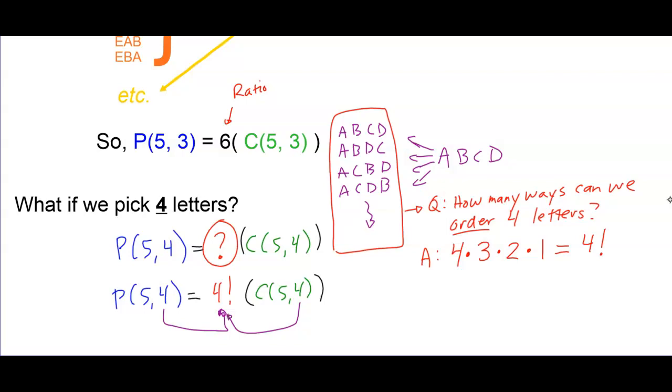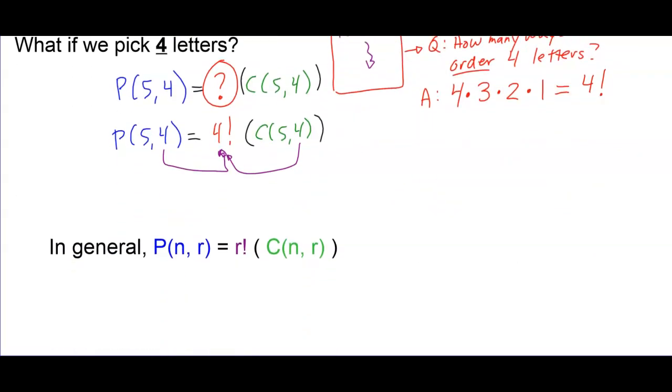That is exactly the principle to relate, in general, permutations versus combinations. The number of items that you're picking, that factorial is the ratio between how many permutations you get and how many combinations you get. Notice, you're always going to get more permutations and fewer combinations.